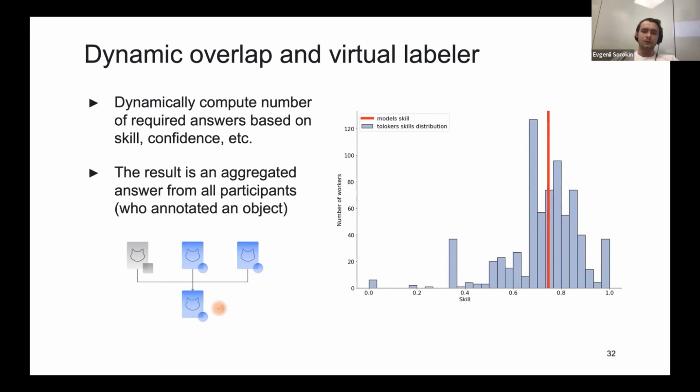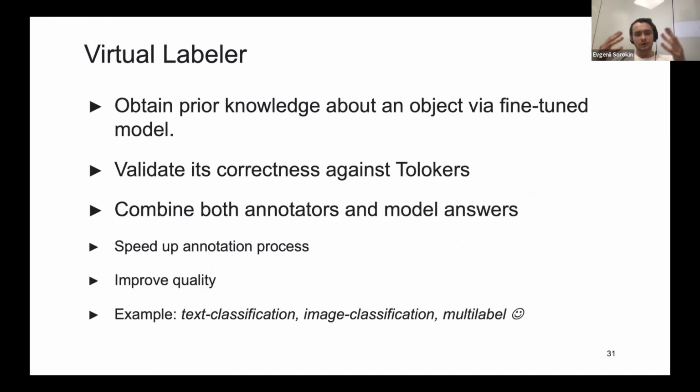But now, what if we utilize a virtual labeler, which I also call a prior knowledge? Let's train a model, fine-tune a model on a markup from Tolokers and validate it the same way as Tolokers.